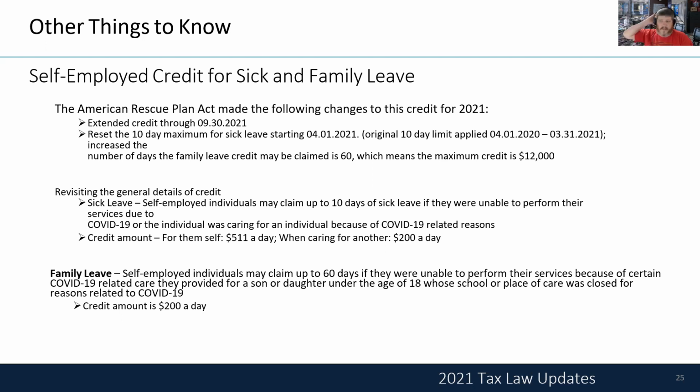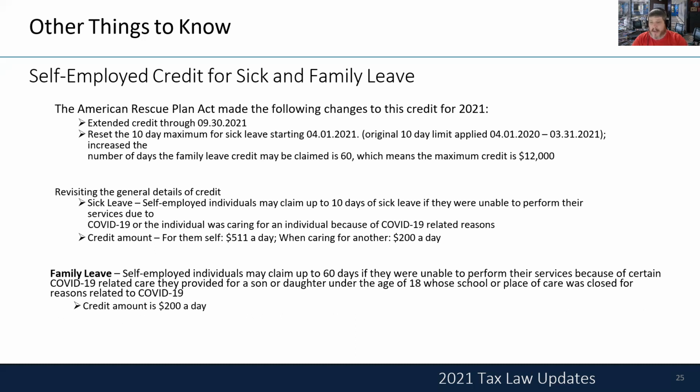For the family leave, though, self-employed individuals can claim up to 60 days if they were unable to perform their services because of certain COVID-related care they provided for a son or daughter under the age of 18 whose school or place of care was closed for reasons related to COVID. Now, this is a clarification here. It has to actually be closed.